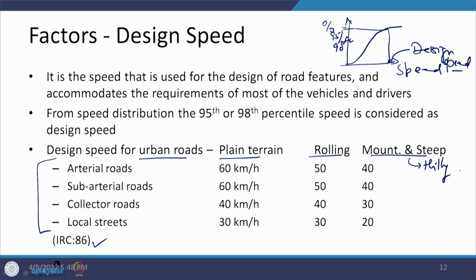Here the speed which you can see is that more or less the values are same in the case of arterial roads and subarterial roads, but they are going to be reduced when you go to the lower class of facilities, and in the case of local streets they are in the range of 30 to 20 kilometers per hour. So, we are considering these particular speeds and design the facility, whatever type of facility is required.